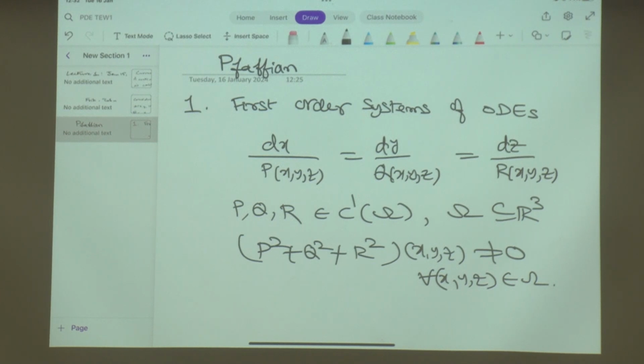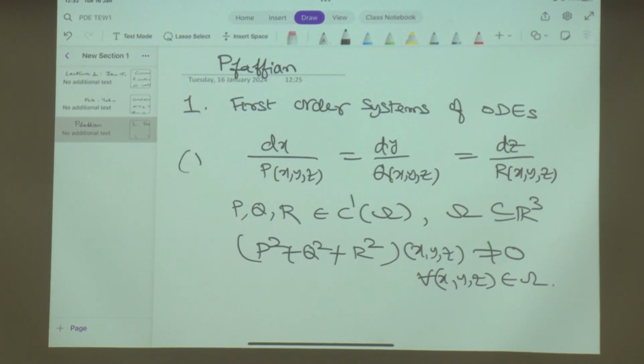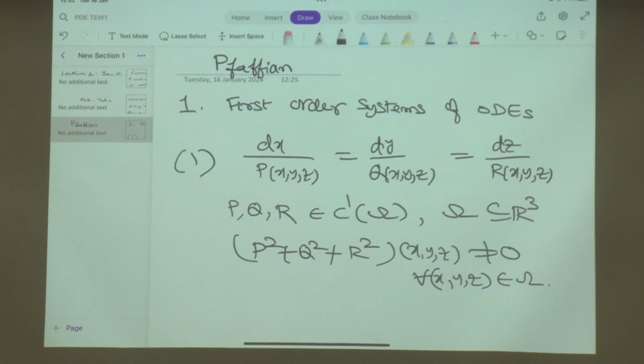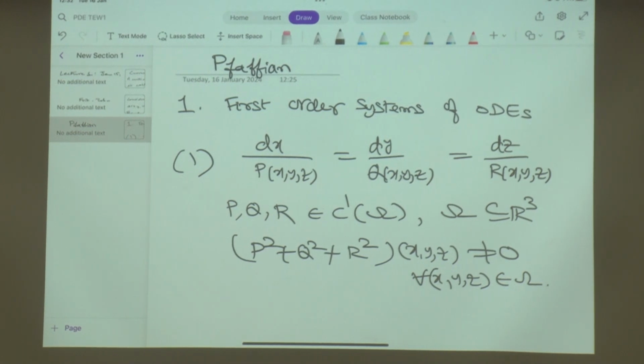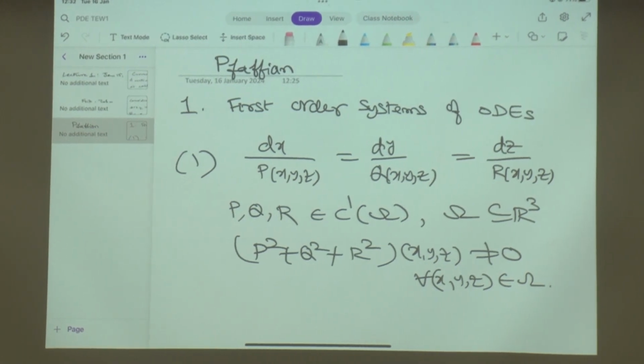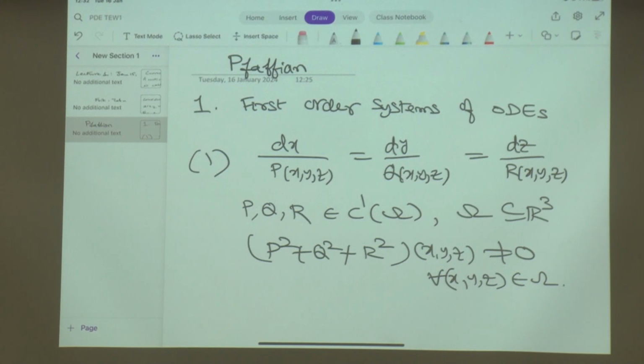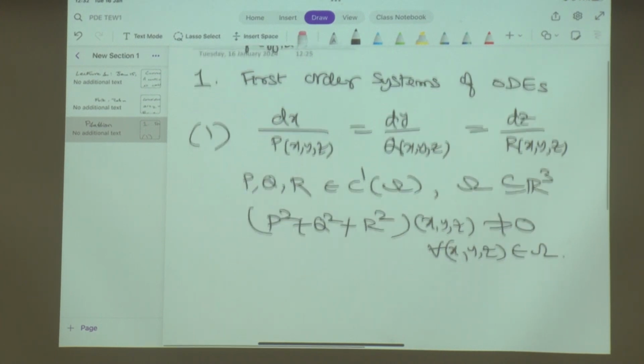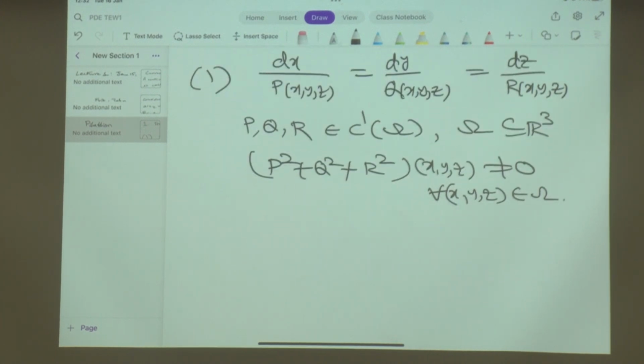That's fine, but what is this equation which is sitting here? dx by something, dy by something, dz by something. What does it say? Usually what we see is immediately these kind of things. dy by dx is equal to q by p.